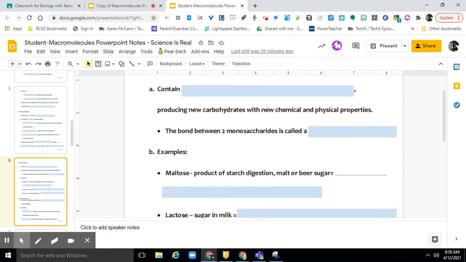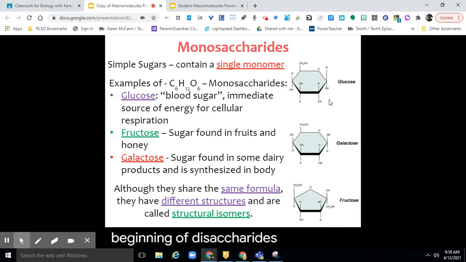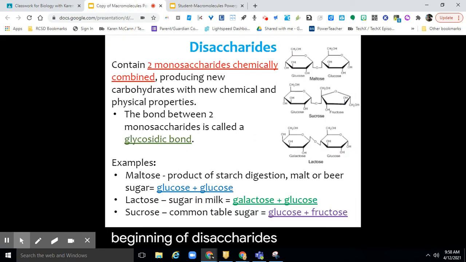Page 6 is the beginning of disaccharides. Disaccharides contain two monosaccharides chemically combined, producing new carbohydrates with new chemical and physical properties.